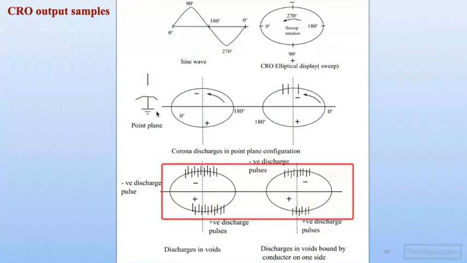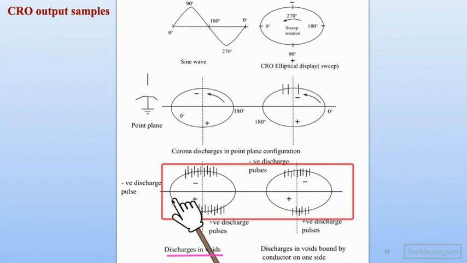Let us see the next sample here, right? In the next sample, you are again observing discharges in the voids. If there are partial discharges within the insulator, then the pulses that will be seen on the CRO will have this kind of pattern.